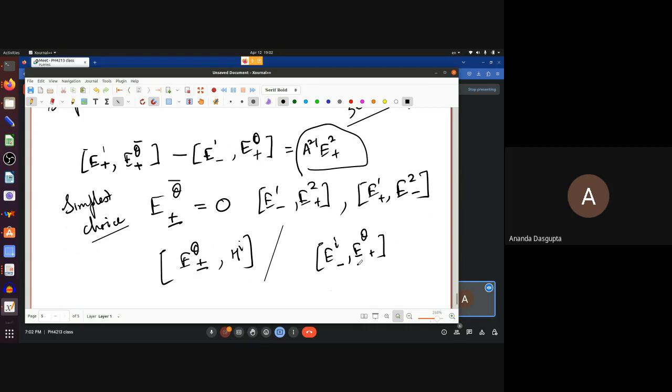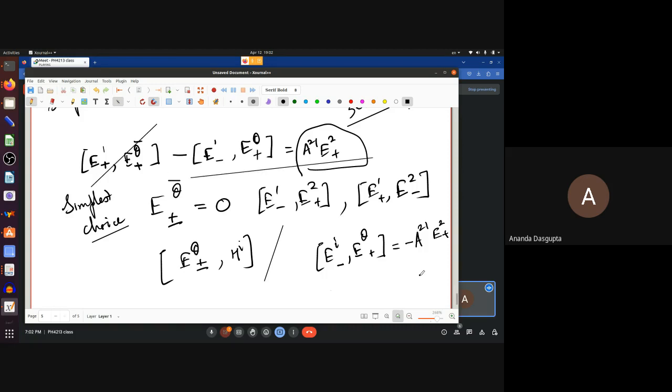So as I said, I'm using the word see very literally, because you can see it on the board right now, on the screen. 0. If E theta bar plus is assumed to be 0, that's what we assume, then this goes away.